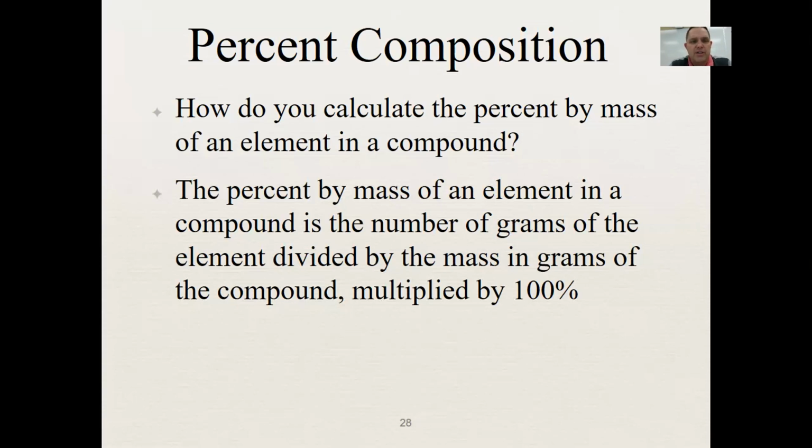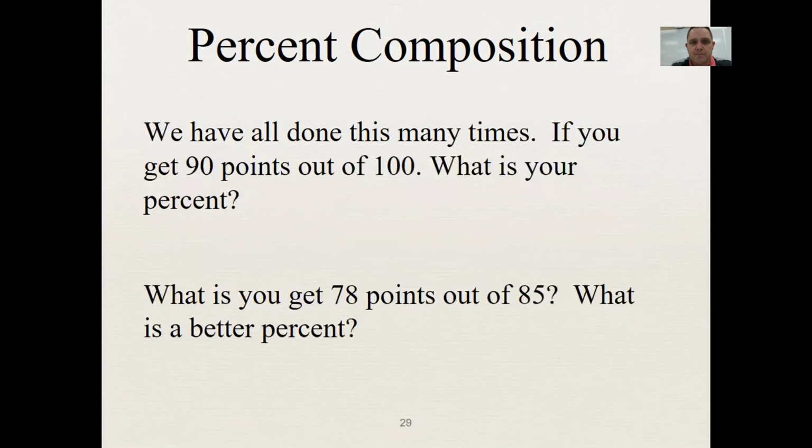But the actual definition is the percent by mass of an element in a compound is the number of grams of the element divided by the mass in grams of the compound multiplied by 100. So to me, that's a lot of words and a lot of gibberish. Let's get down to it and really do a problem.